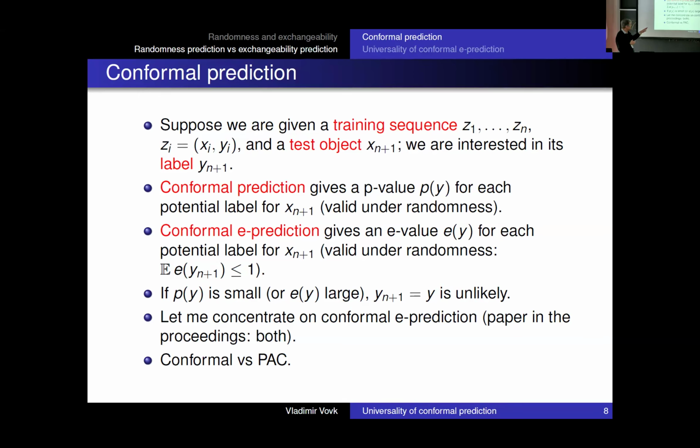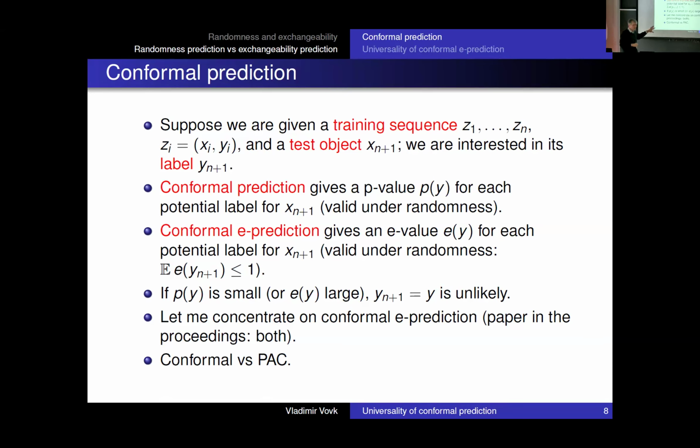And it's more convenient in the context of this paper. So in my paper, I consider both cases, p-values and e-values. But in this talk, let me talk only about e-values. So a large e-value means implausible. It's opposite to p-values. For p-values, small means it's unlikely. For e-values, large means unlikely.